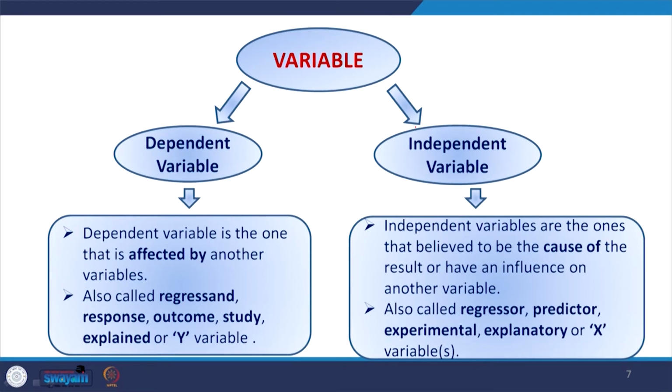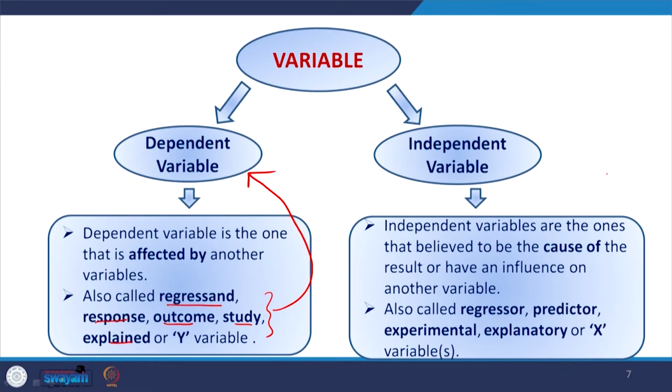In econometrics language, the dependent variable is also called regressand, response variable, outcome variable, study variable, explained variable, or simply we take y as the notation for it. So, do not be confused if in some books they use regressand, response, or outcome variable. They simply mean this, alright.